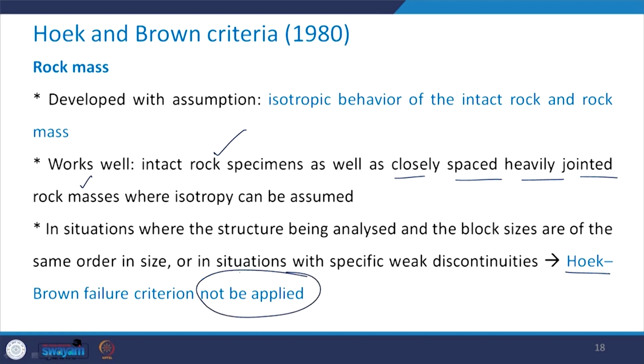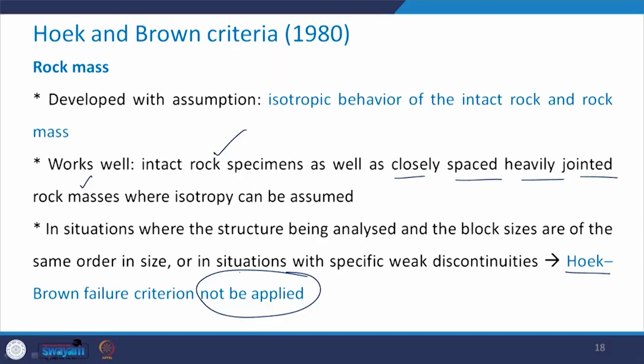So, once again please keep in mind, as long as the material or the rock mass or the intact rock can be assumed as an isotropic material, Hoek and Brown criterion works well in such cases, but in these cases it is not applied.